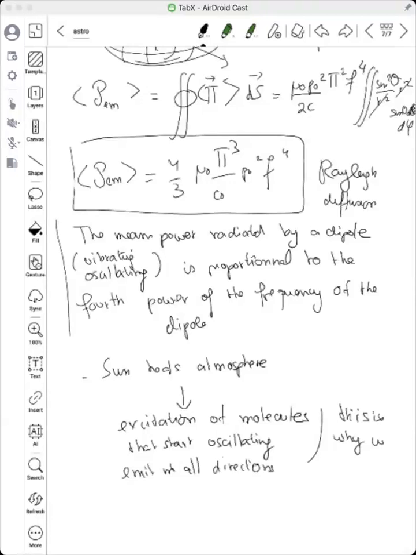This is why we see light emitted from all directions in the sky. Not the case in space.